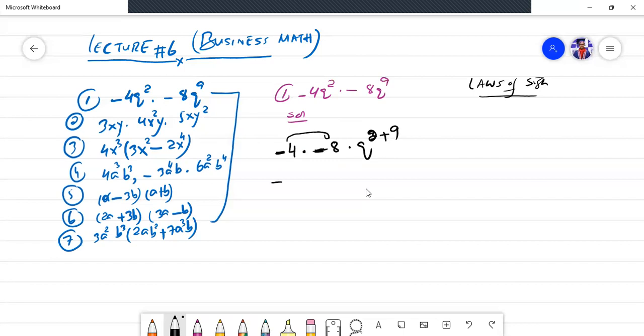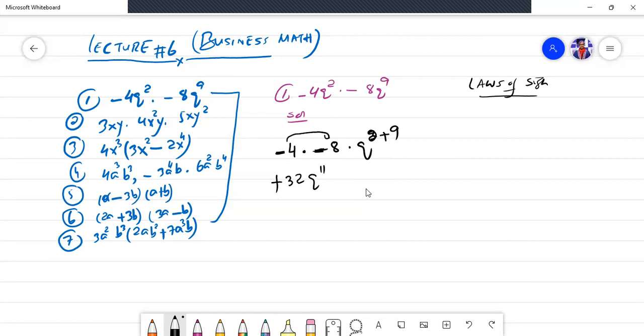So therefore we will write positive, then 4 times 8 is 32, excellent. Then q raised to power 9 plus 2, which is 11. 9 plus 2 becomes 11.